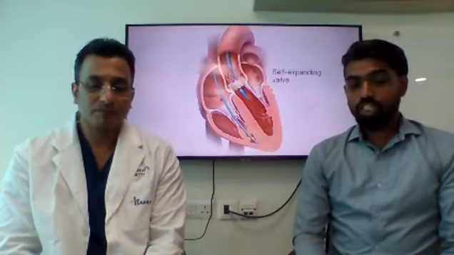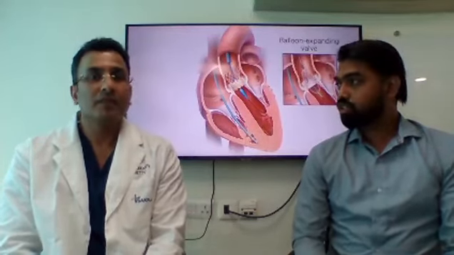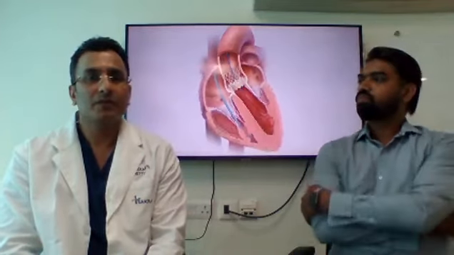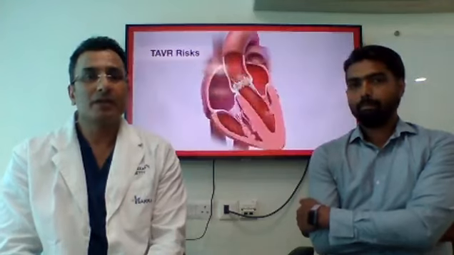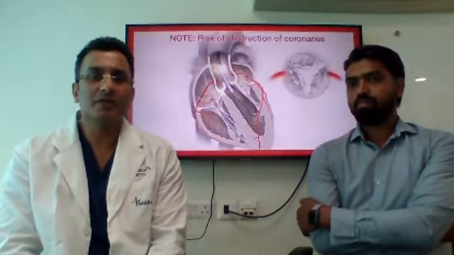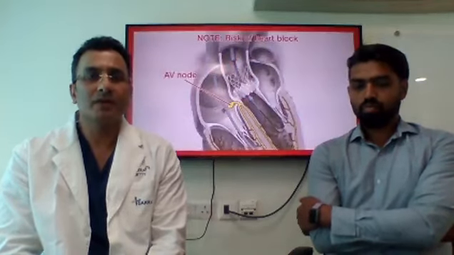So what are the treatments of aortic stenosis? There is no definitive medicine to treat aortic stenosis. Medicines do not cure aortic stenosis. So when a patient has severe aortic stenosis, the treatment has to be through valve replacement. There are two types of valve replacement.